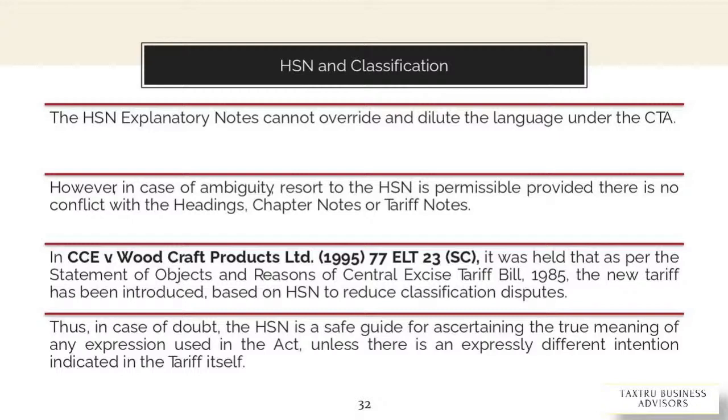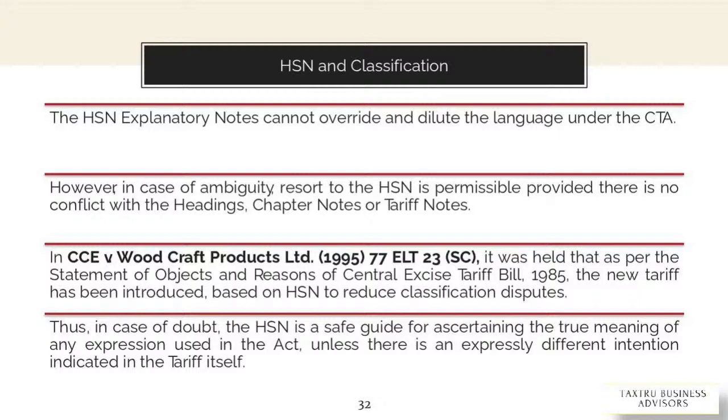Now, as I said, HSN is a mechanism through which the tariff codes are designed all around the world. Suppose there is an organization like the World Trade Organization or maybe the World Customs Organization, which discusses with various countries, and they have come to one conclusion that this is a document which will be referred to by everyone in every country associated with the World Customs Organization or World Trade Organization.